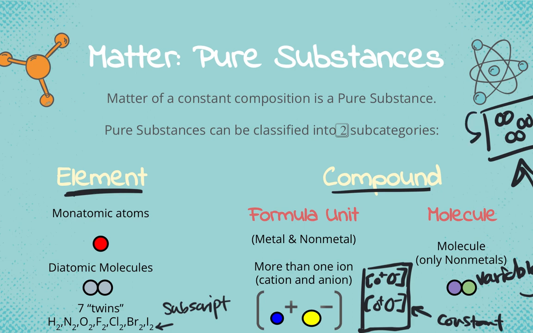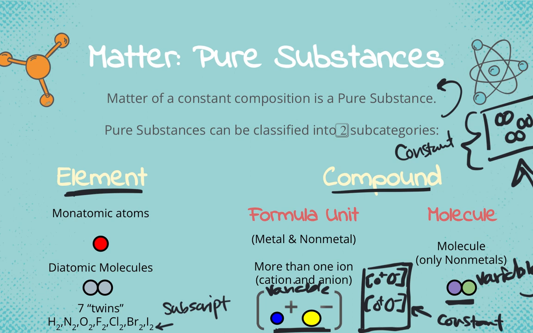So the sample has a constant composition and then is classified as a pure substance, even though the particle itself is variable. So again, in compounds, the particles themselves are variable, but a sample of that compound has a constant composition and therefore is a pure substance.